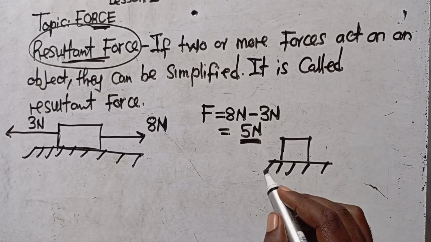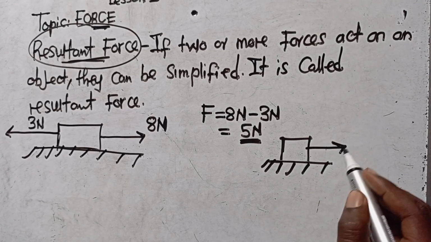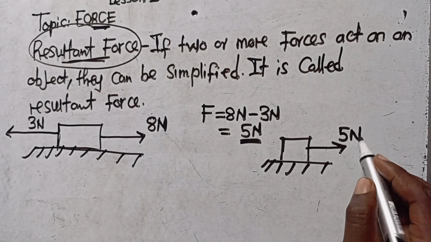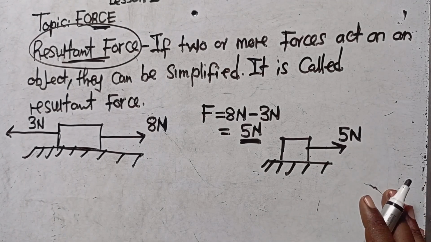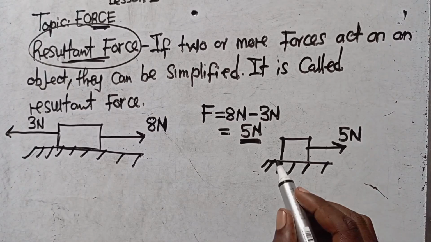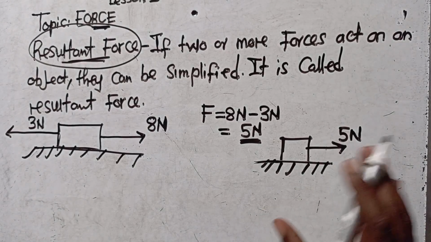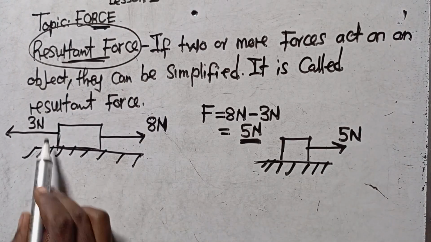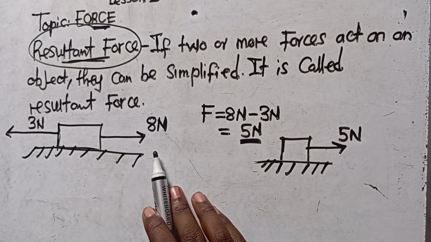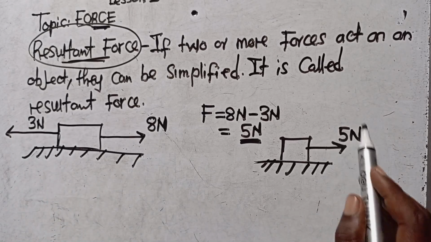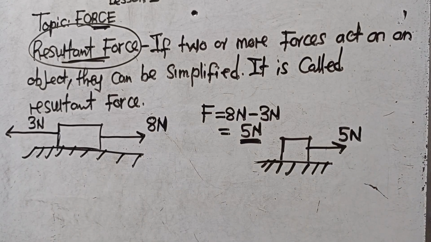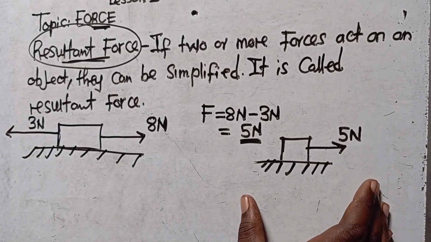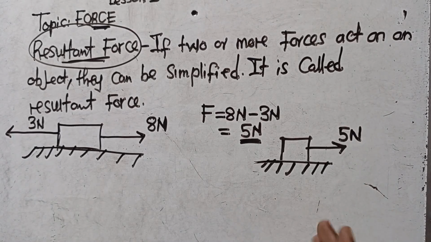All the forces that will remain, which are the 5 newtons, will be going this direction, because the other force is less. So this 5 newtons is what I'm calling the resultant force. This is what you need to understand.